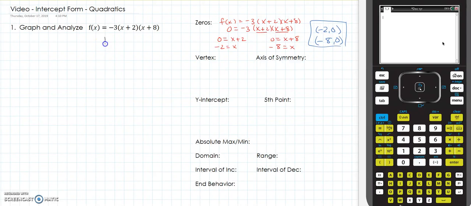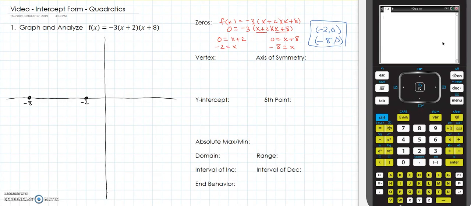And what I can do is set up a quick sketch here: 1, 2, 3, 4, 5, 6, 7, 8. So -2 and -8. We haven't really looked at many that are all on one side of the y-axis, so we're going to look at those now.